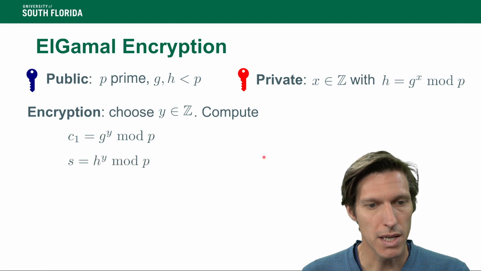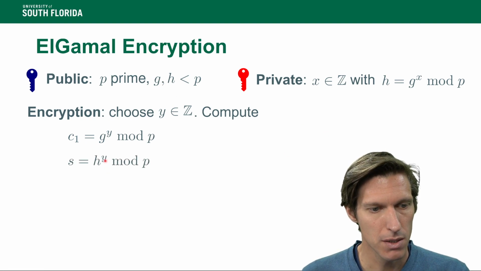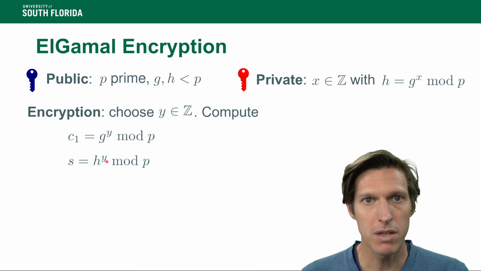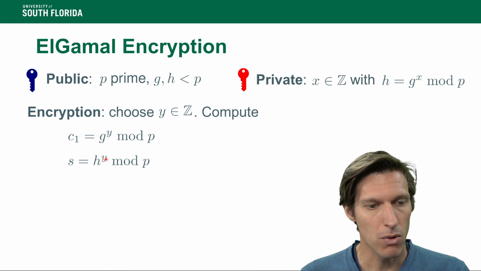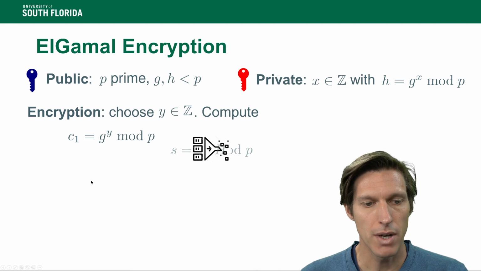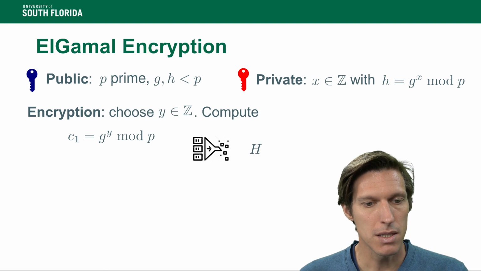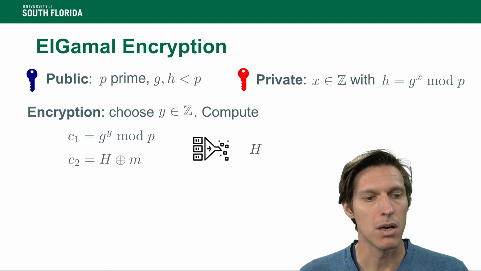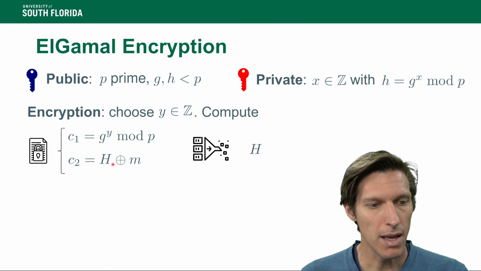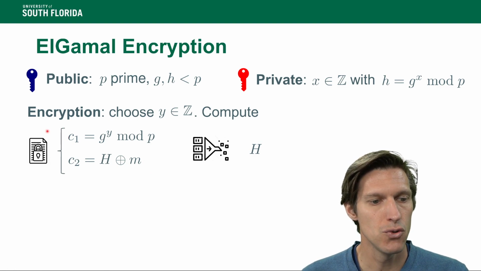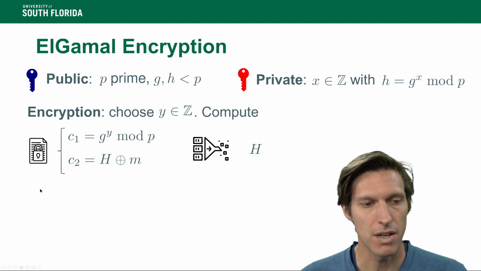And they also take h, which is public, okay, so we're only dealing with public values here, raise it to the power y, and that is s, they reduce mod P. Now, this s goes into a hash function to produce a hash, we'll call that h, and this h is XORed with the message, and the pair C1 and C2, which is h XORed with the message m, is your ciphertext. So these two values together are the ciphertext.